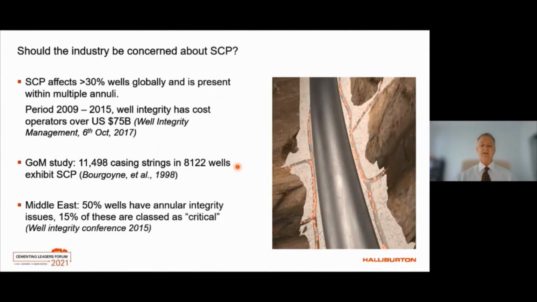A study in 1998 of Gulf of Mexico producing wells showed that 11,498 casing strings exhibited casing pressure out of 8,122 wells investigated. A study in 2015 in the Middle East revealed that 50% of the wells exhibited annular integrity issues, with 15% of these classified as critical.